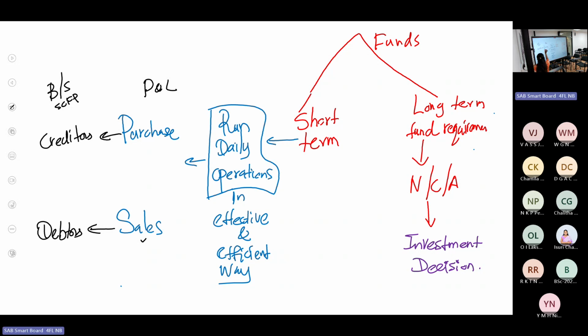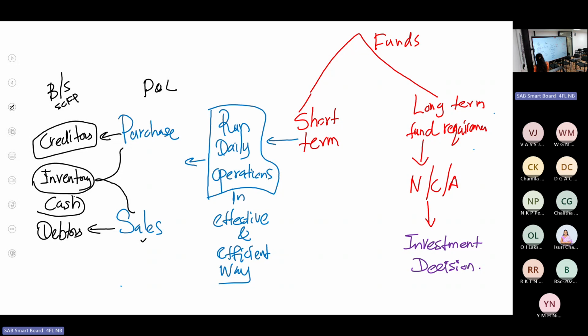Dealing with purchases and sales, indirectly we are dealing with inventory and cash. Then what is handling these short-term balance sheet items? These are the 4 items that we need to handle.